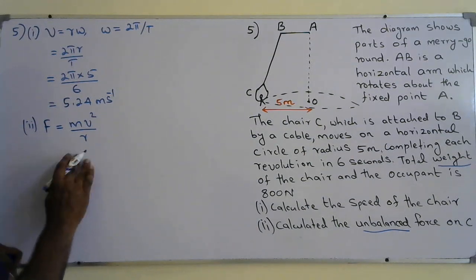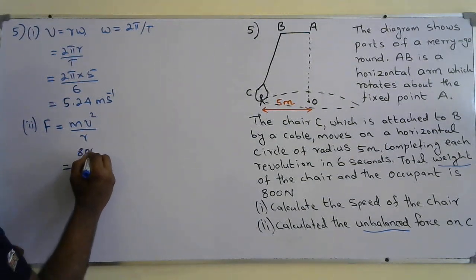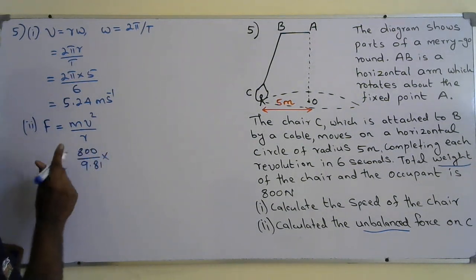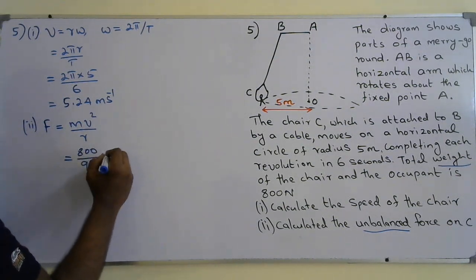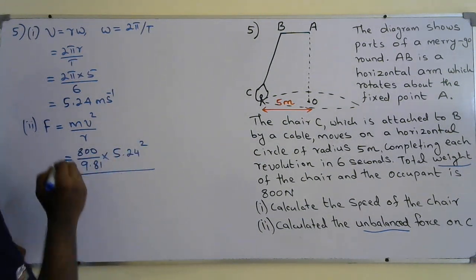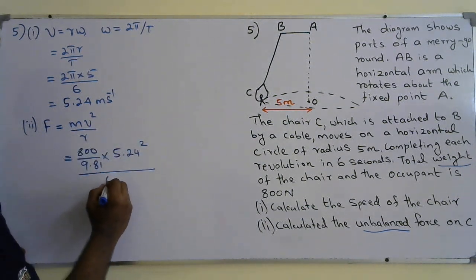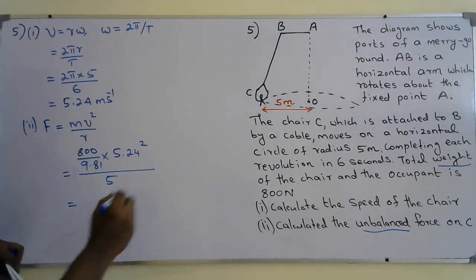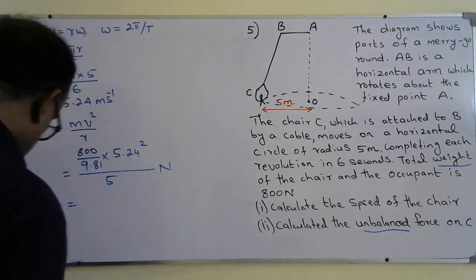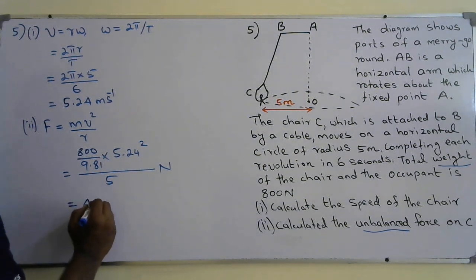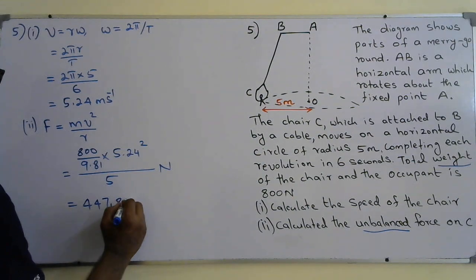So the mass is 800 divided by 9.81, times v squared, 5.24 squared, over r. R is 5 meters. When you solve it, that will be the centripetal force, equal to 447.8 newtons.